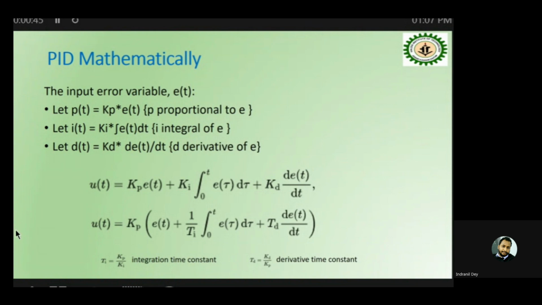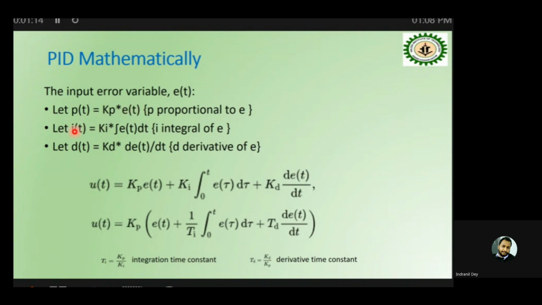So let's see here, we can see that the controller output P(t) is proportional to the error E(t), and for removing this proportionality we have added one constant, that is Kp. So it is basically P(t) = Kp × E(t), where E(t) is the error.